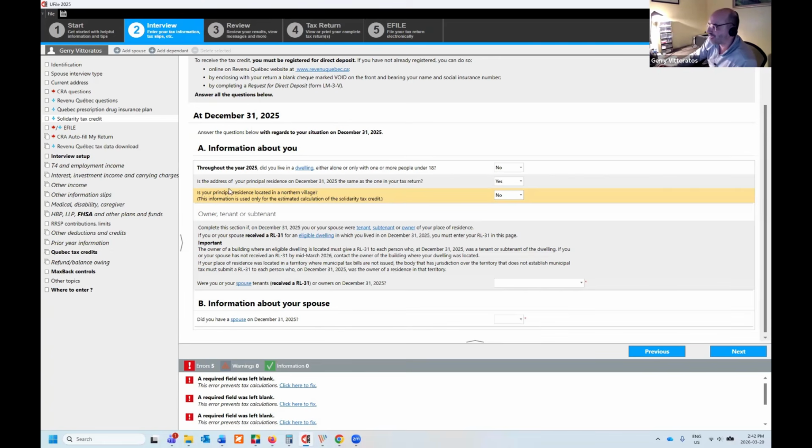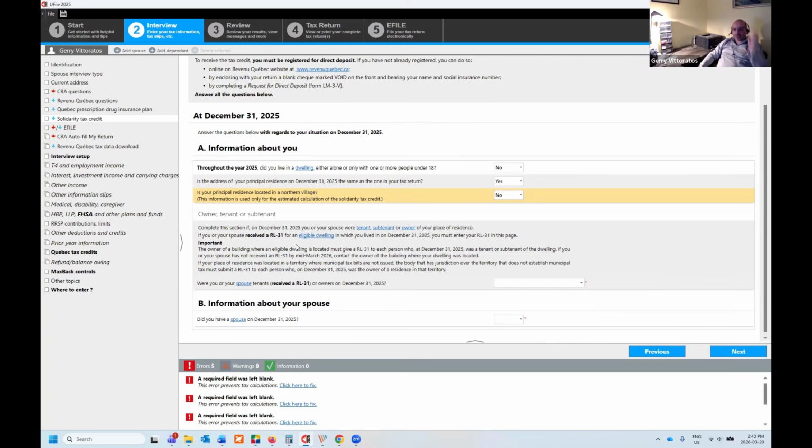Now, the next one is the residential component. So if you're an owner of a property, you pay property taxes. Or if you lease a property and you're officially on the lease, you are now entitled to the residential component. If you're an owner, you need your property taxes. You need your bill. Okay, your bill is gonna have the numéro cadastral, as they call it.